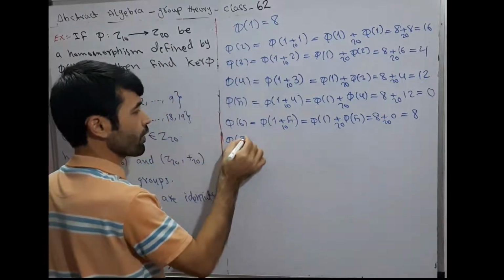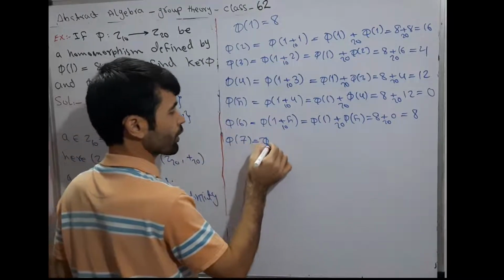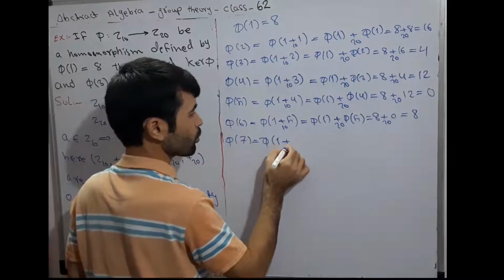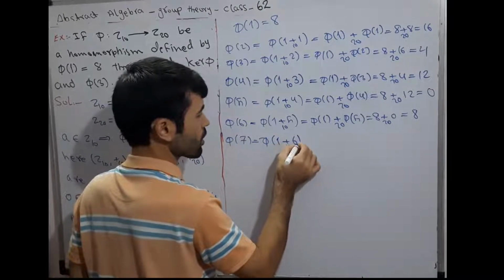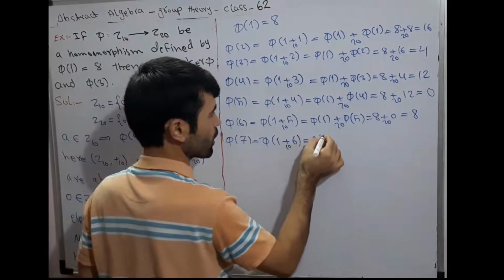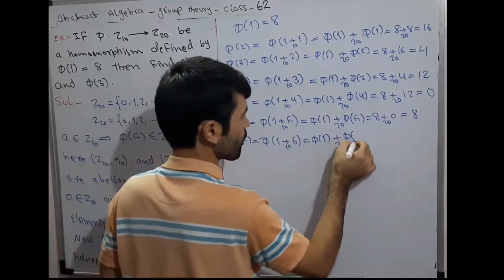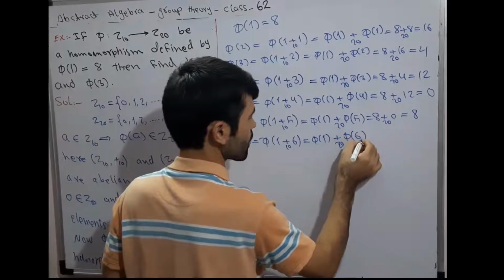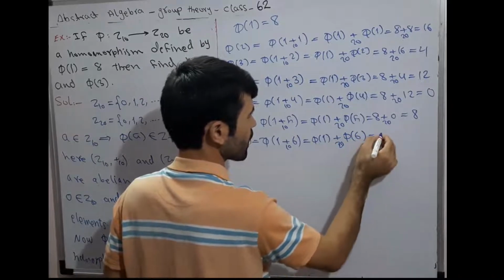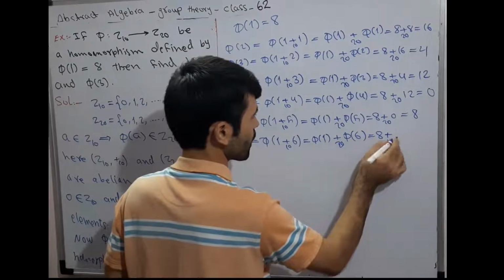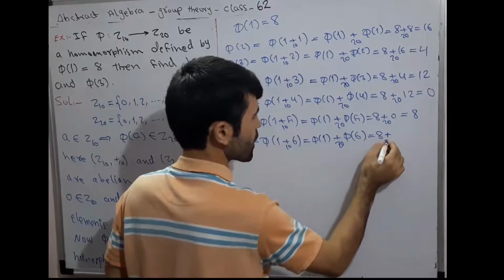Phi of 7 is equal to phi of 1 plus 6, which is phi of 1 plus phi of 6, addition modulo 20.